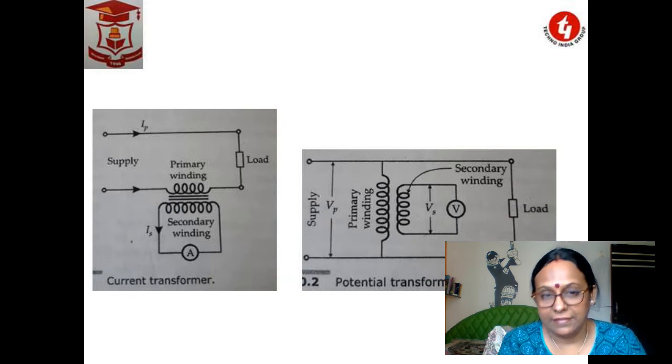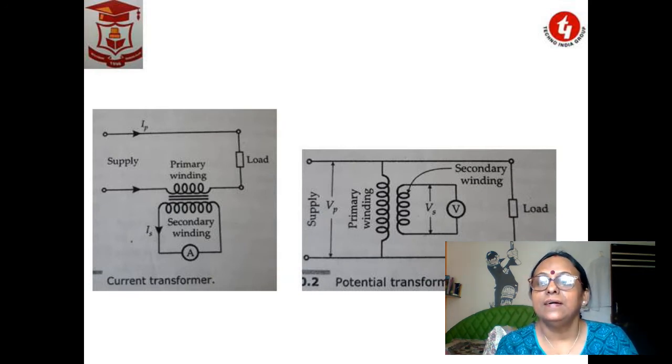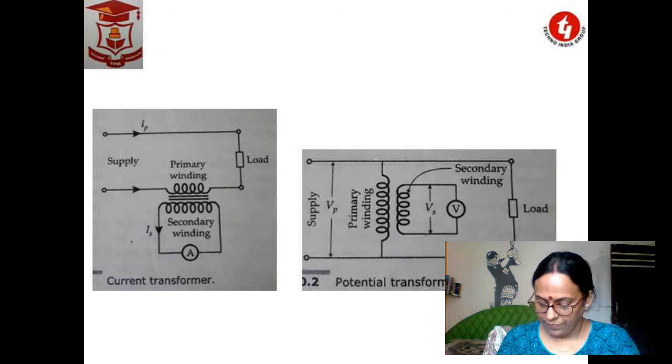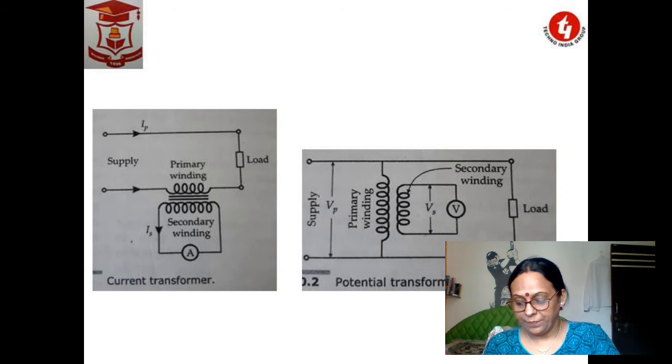Here we can see the schematics of current transformer and potential transformer. The primary winding is so connected that the current being measured passes through it, and the secondary winding is connected to an ammeter.